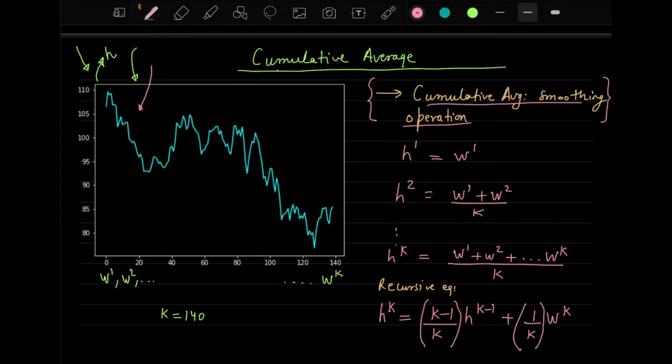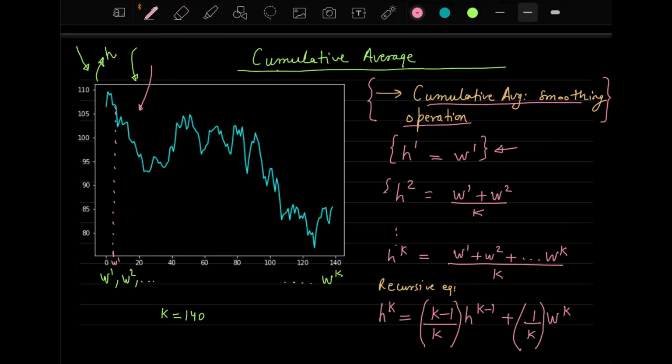So let us see what that is. Here I am writing a few equations. In the first equation, this is very simple, right? At W1 here, we have some value of H1. When we start the smoothing operation, we are creating a value H1 which is equal to W1. This you know already.